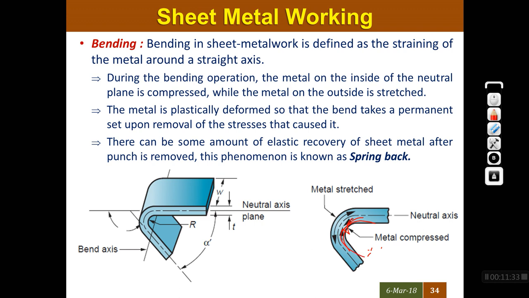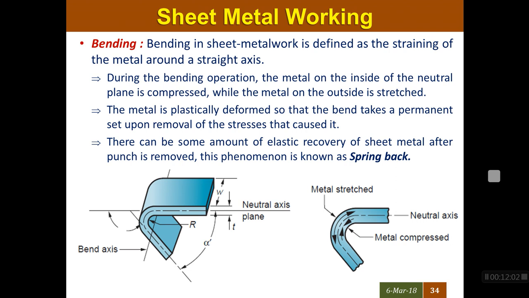So inner fibers are compressed, whereas outer fibers are stretched when we are doing the bending operation. Compared with the neutral axis, when bending takes place, inner fibers are subjected to compressive load, whereas outer fibers are stretched.